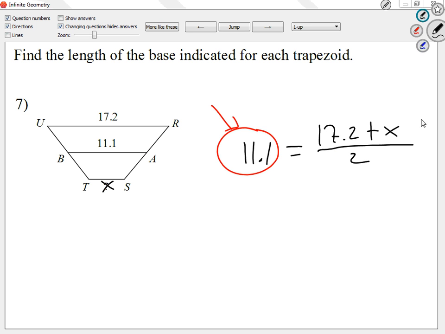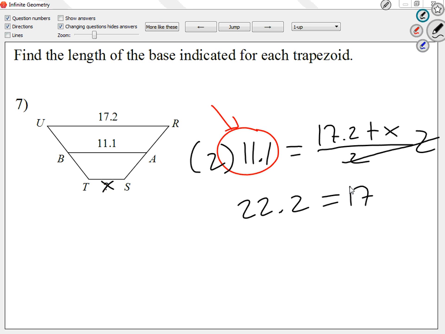So on Friday, I told you guys if we have a fraction that cannot be simplified, multiply both sides by 2. And the reason why is because we're going to get rid of fractions. Multiply both sides by 2. So I'm going to have 22.2 is equal to 17.2 plus X. I get rid of fractions by multiplying both sides by 2.